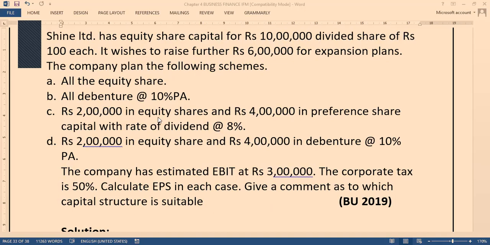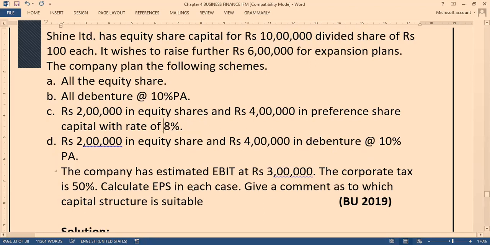Again, 2 lakh equity share and 4 lakh preference share capital at a rate of 8%. Whereas in D, again 2 lakh equity share and 4 lakh in debenture at 10% per annum.